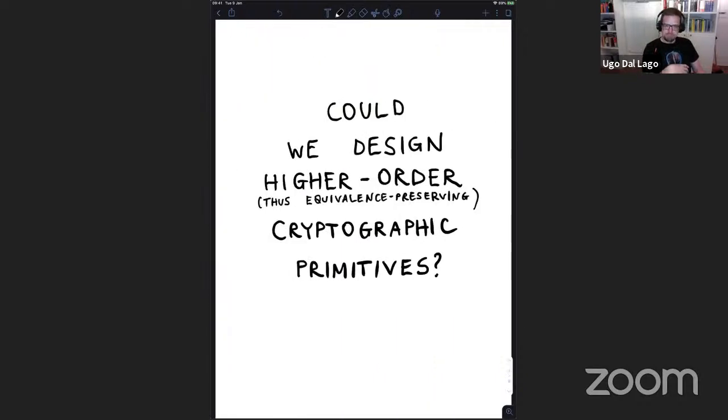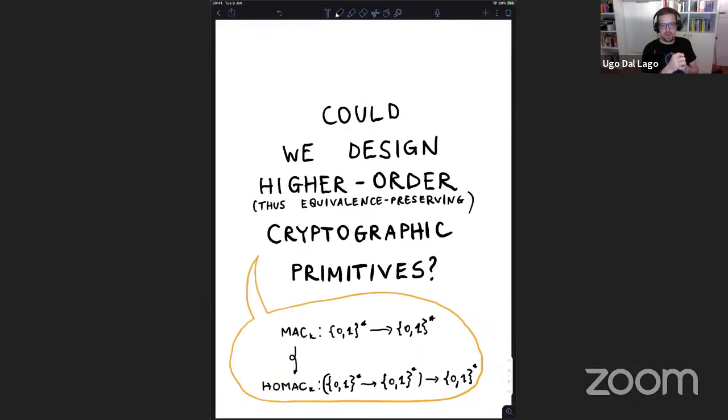So, we may wonder what happens if you look at cryptographic primitives which are equivalence preserving, namely that they behave on programs respecting the underlying equivalence. This would amount to turning the type of the authentication algorithm from a first order one to a higher order one.